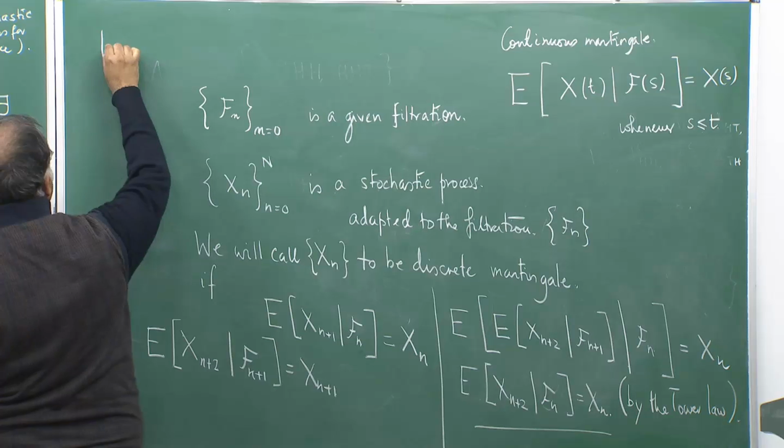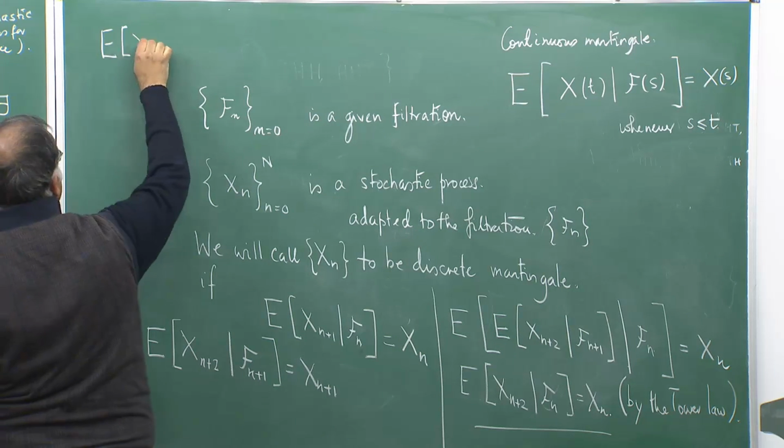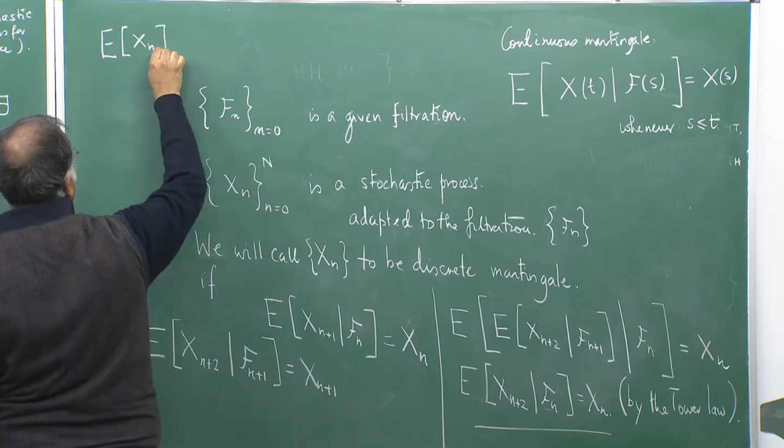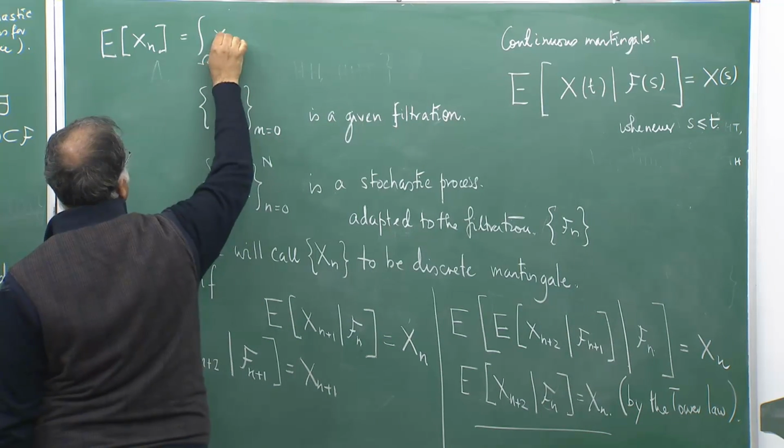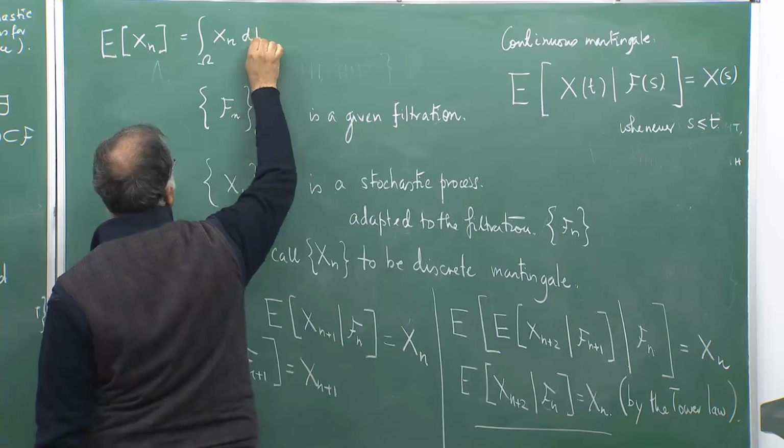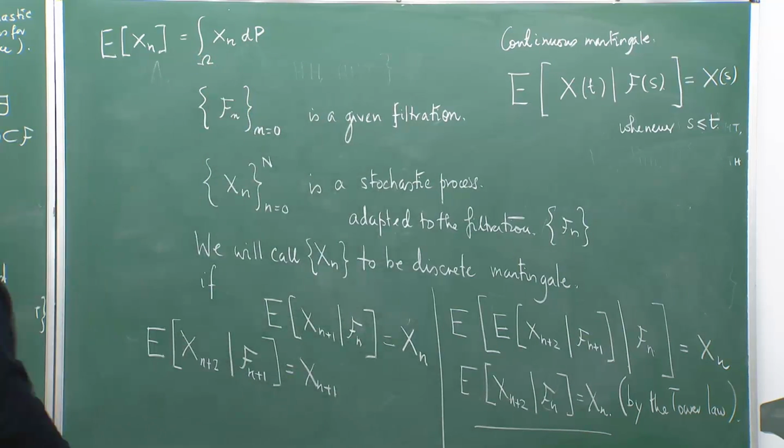So, take expectation of xn. Okay, I am just writing in a standard symbolic way.